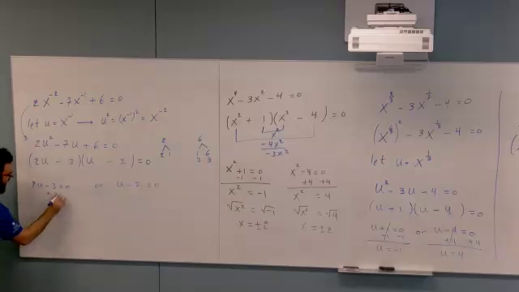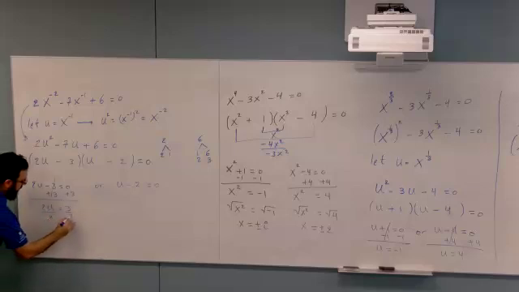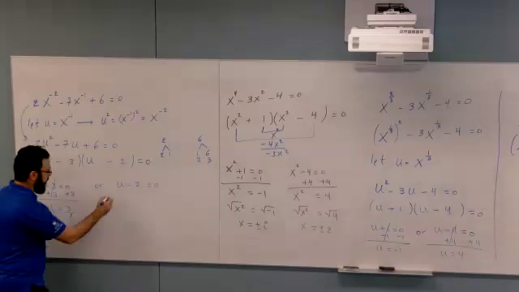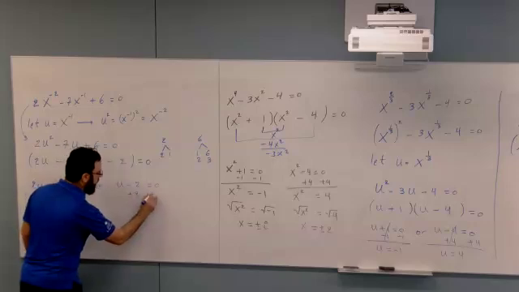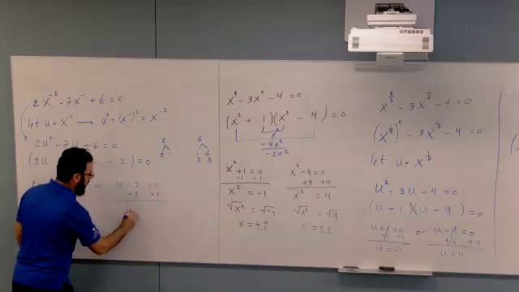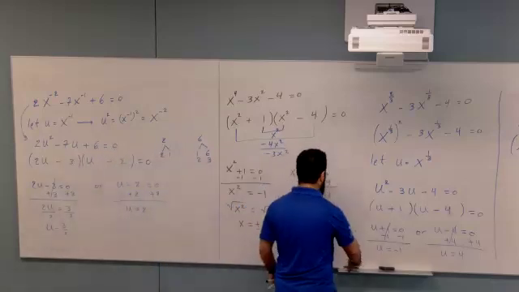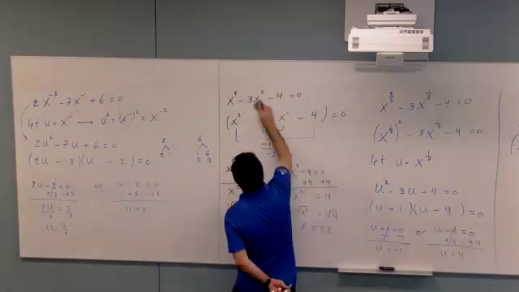Can I add 3? 2u equals 3, divide by 2, u equals 3 over 2. Yes or no? On the other side, you're going to add 2. u is going to be equal to 2.